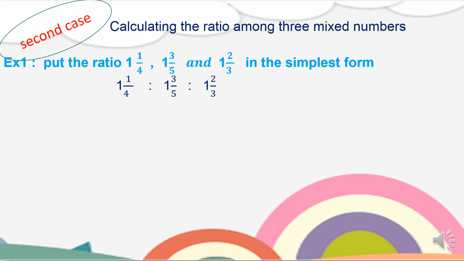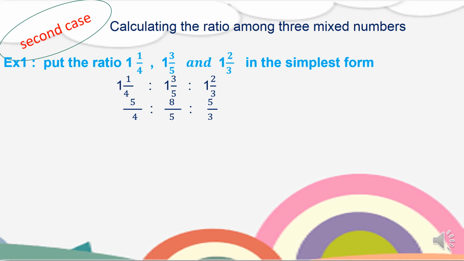Again, on a calculator, shift fraction, and I put 1 3/5 and equal, and I get the fraction that represents it, and so on. So 1 1/4 is represented by 5/4, 1 3/5 is represented by 8/5, and 1 2/3 is represented by 5/3.